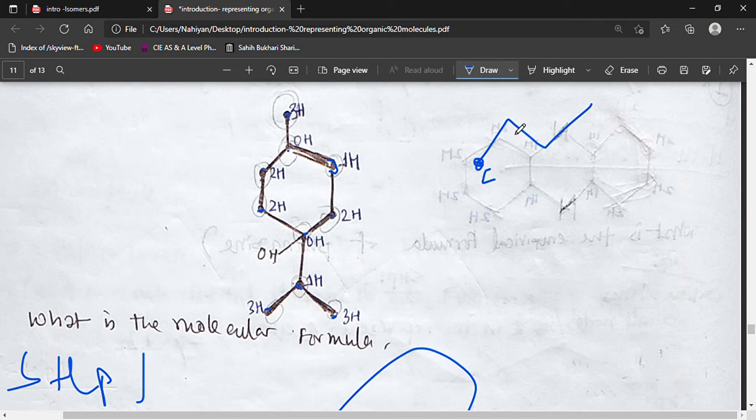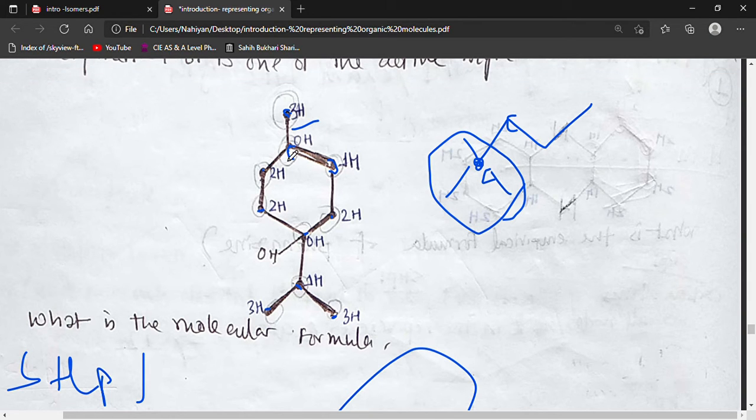This carbon is bonded to another carbon. Similarly, this carbon is bonded to this carbon, and it has only one bond. So there are 3 hydrogens that can make bonds. So 3 hydrogens. Moving on, this has 1, 2, 3.